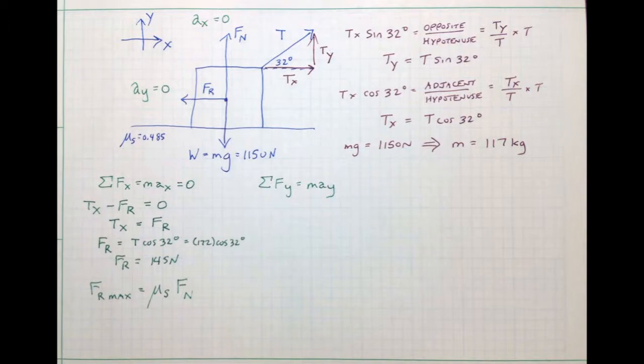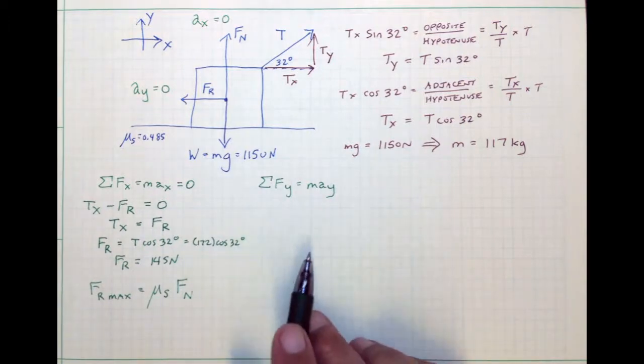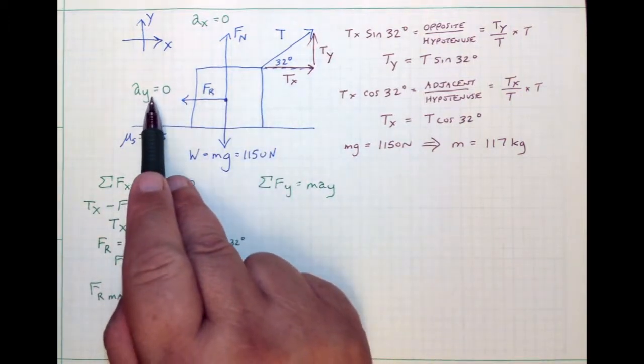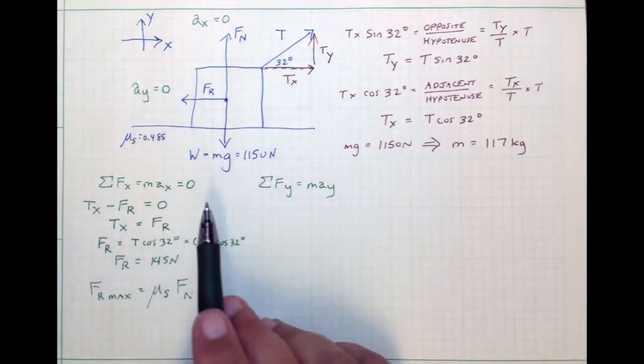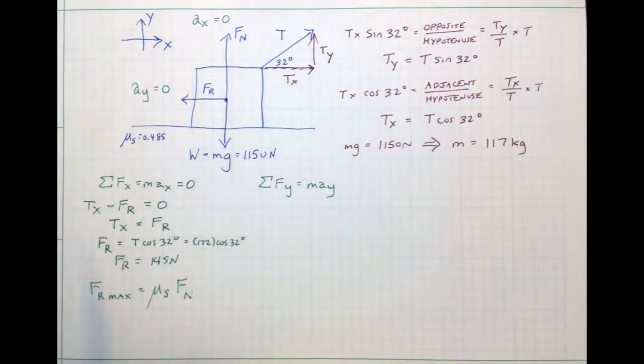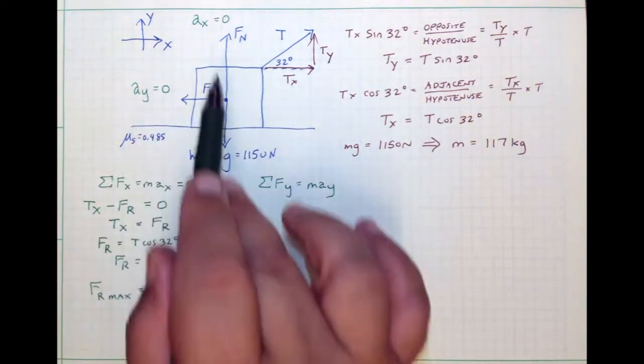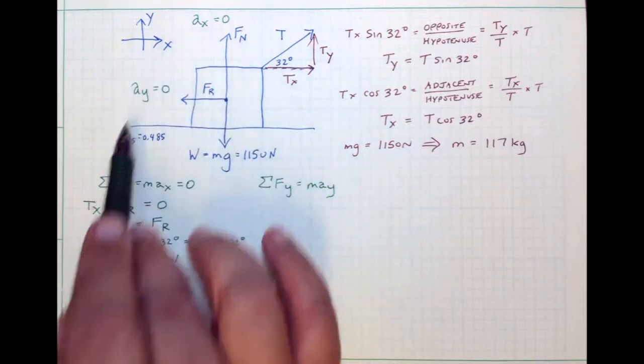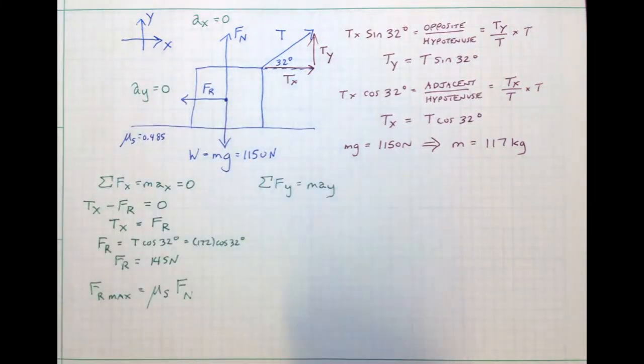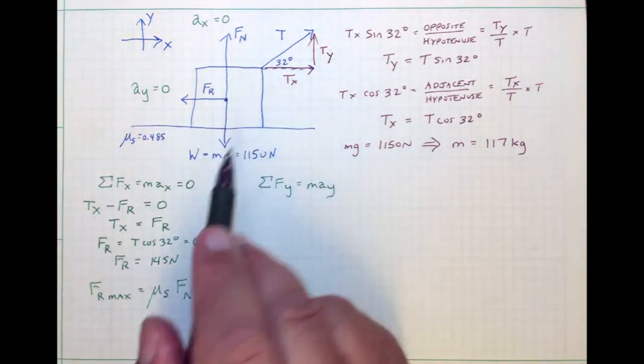But that's easily done. We do the same thing as we did in the previous video, realizing that the acceleration in the y direction is going to be 0. That means the y forces are in balance as well. Because the crate is not moving left or right, up or down, both of these accelerations are 0. All of the forces are in equilibrium.